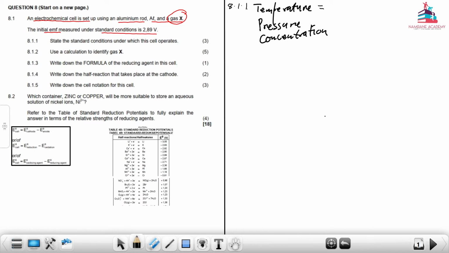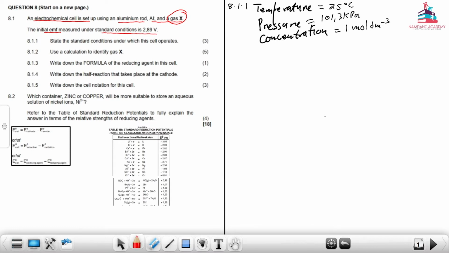So this will be 25 degrees Celsius, the pressure will be 101,3 kilopascal, and the concentration will be 1 mole per decimeter cube. You get a mark for the correct value together with the correct SI unit.